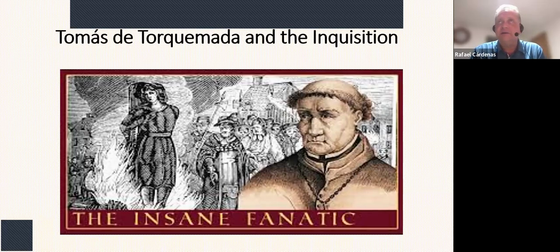Later on, they tried to wash their face, of course, through some important friars' work, or priests who would devote themselves to helping the Indians or trying to educate them, but it was too late. It was too little and too late, and I think most of the damage was already in place, as they committed a genocide of, I don't know, maybe 5 million people murdered during the conquest.